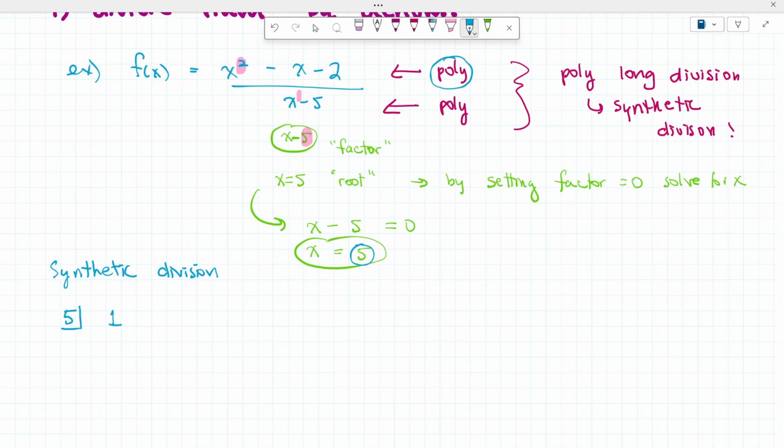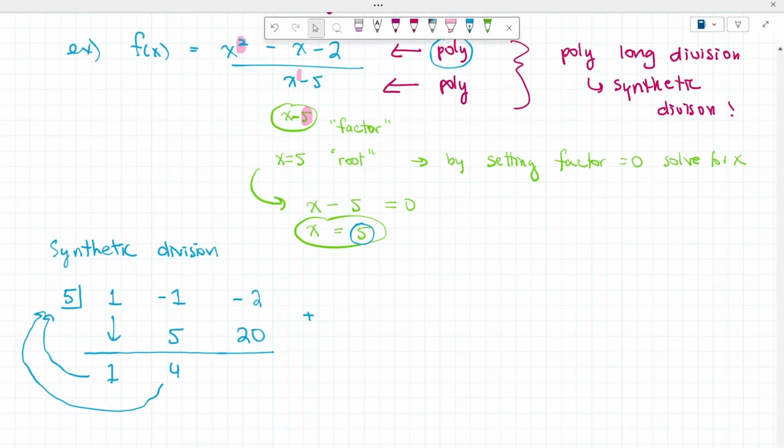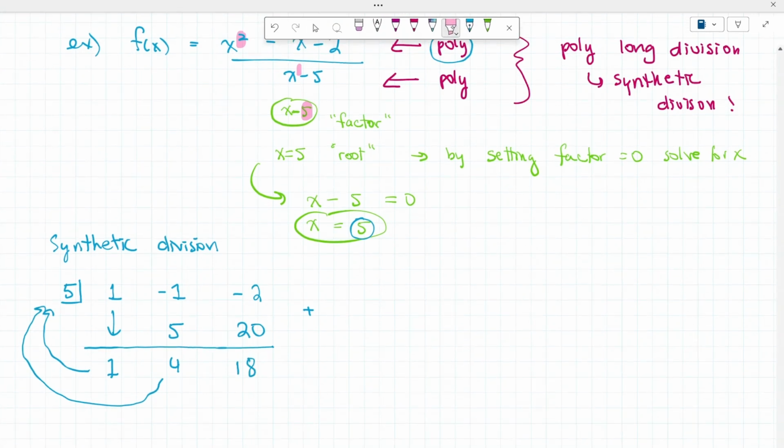We've got 1, -1, and -2. Then we draw a line. The first step is you drop the first value and then multiply it up with your root, so we've got 5. Then we add down the column: -1 plus 5 is 4. Again, we multiply that up: 4 times 5 is 20. And then -2 plus 20 equals 18. So in this case, we see that we have a remainder. 18 over here is our remainder.